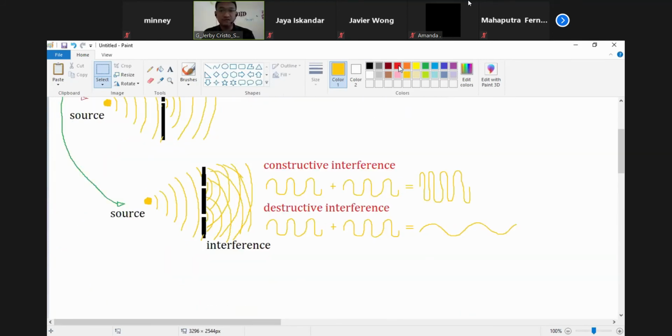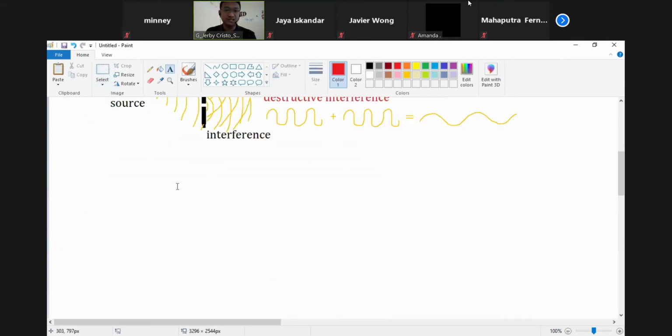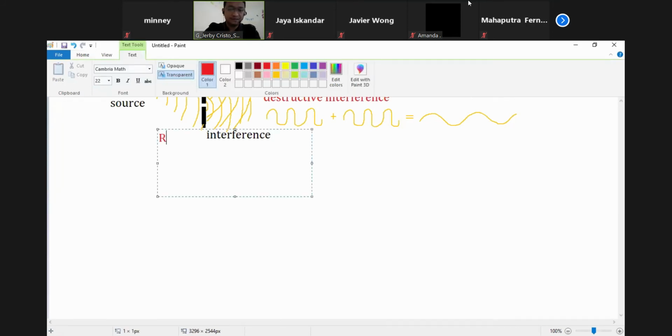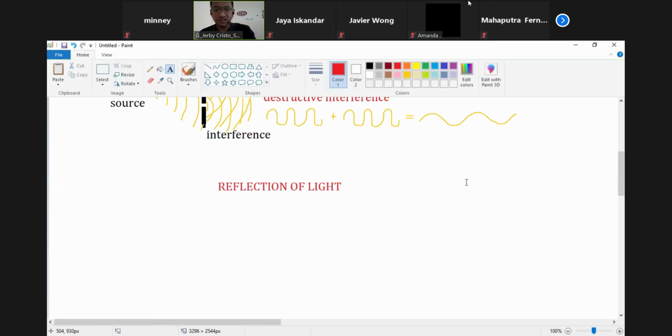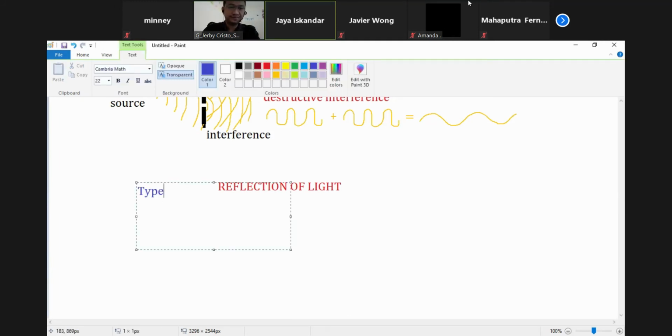Now let's just focus on reflection of light. You already know the definition of reflection of light. It's just about the bouncing of light when it strikes a surface. Now, reflection of light has two types. Could you tell me the two types of reflection? Regular and diffuse.